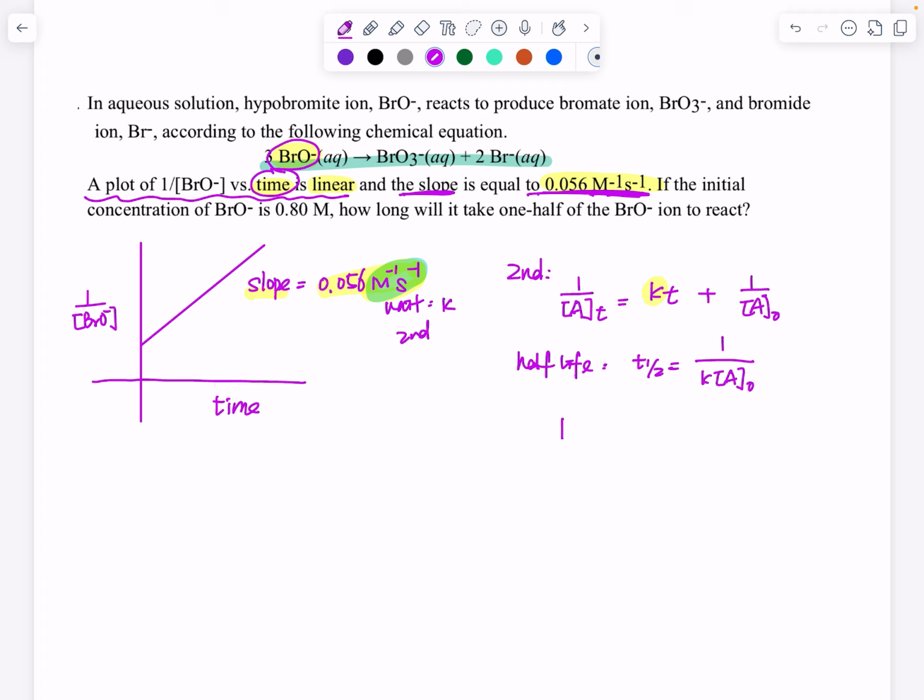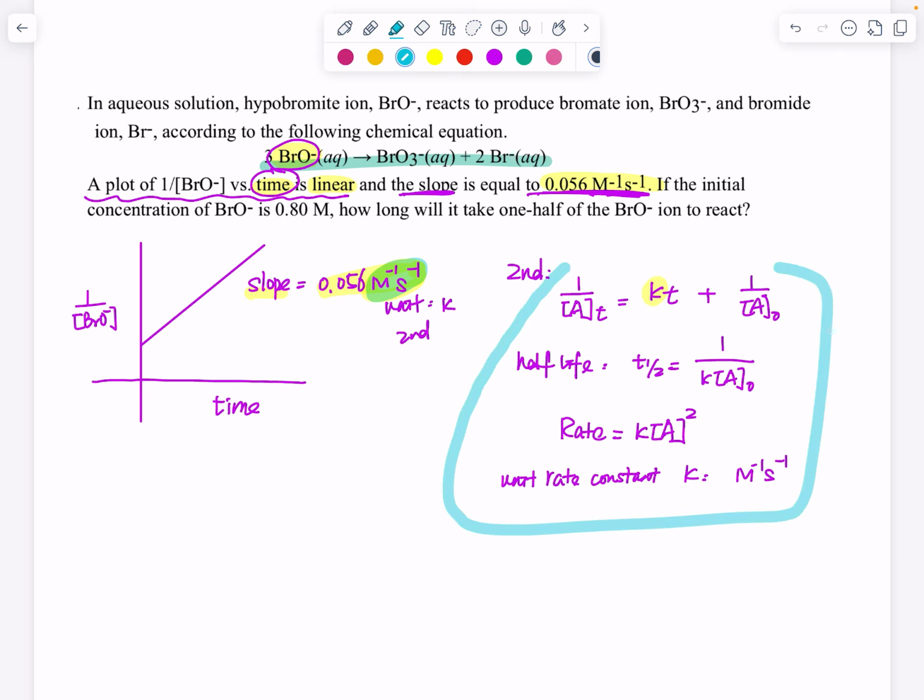What else should we know about second order? The rate law, right? Rate law equals k, the rate constant, times the concentration squared. Of course, from here you can also derive the unit. Let's just review all the information. The unit for rate constant k should be molar per molar per second.